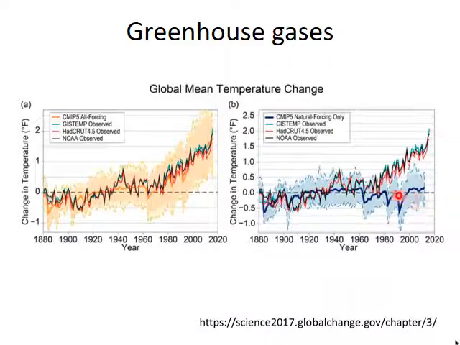So again, this proves that only by including anthropogenic changes in forcings, in terms of greenhouse gases and other forcing agents, can the models replicate the observed temperature changes. And if you only use natural forcings, then the models cannot reproduce those temperatures.